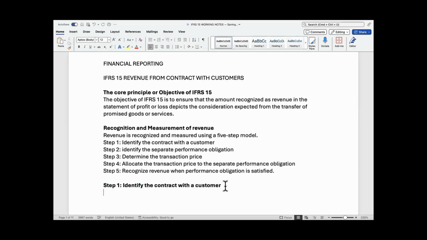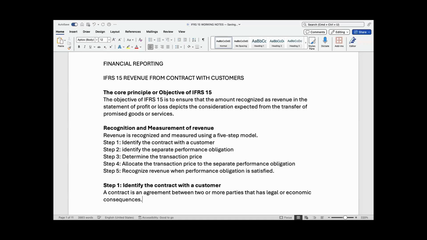So step 1 talks about identifying the contract with a customer. The key word there is a contract. And a contract is an agreement between two or more parties that has legal or economic consequences.